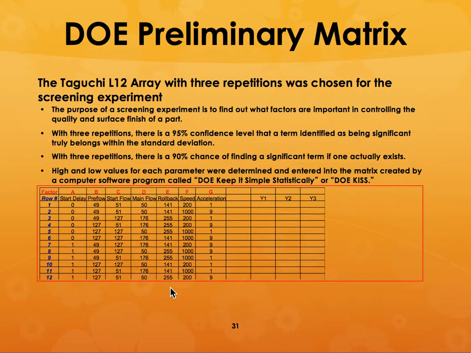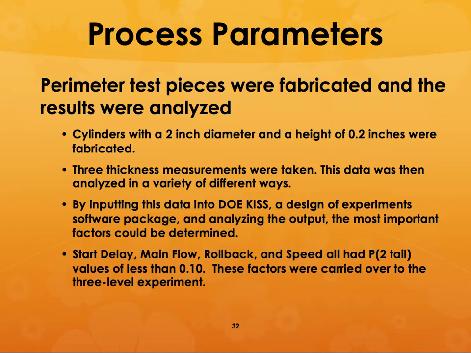And we looked at all the parameters, and we changed them to either a low or high level, and we plotted the data against the result. For example, in this case, we looked at only depositing the perimeter, and we made a cylinder of 2-inch diameter and a height of 0.2 inches.